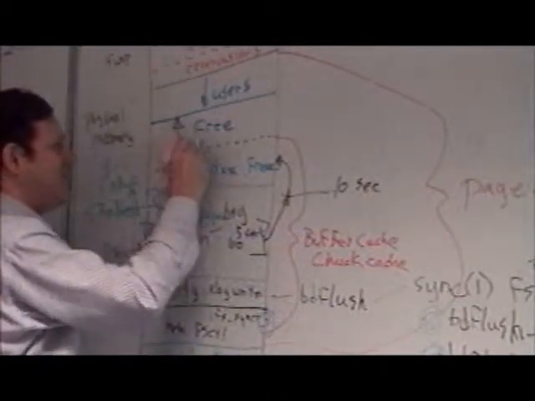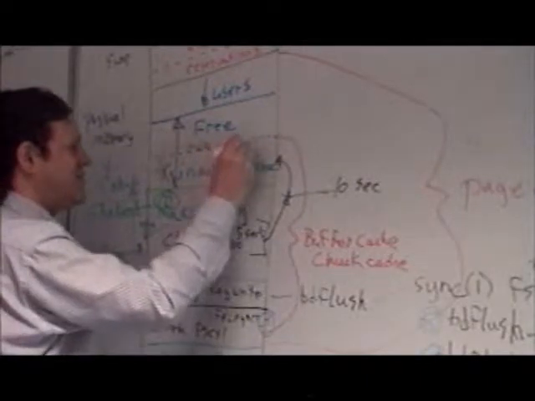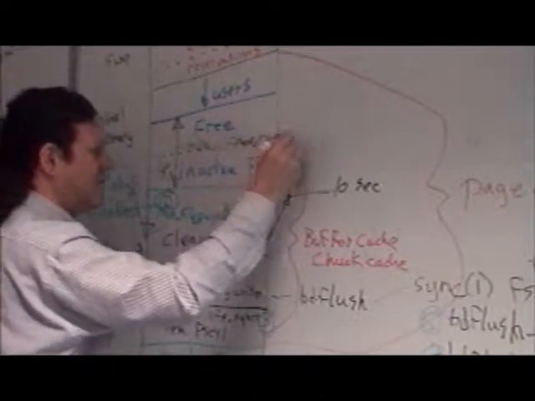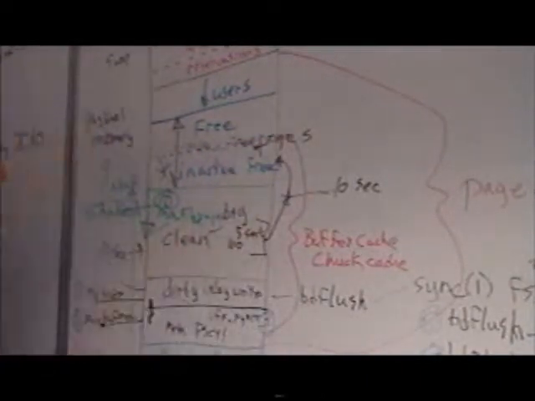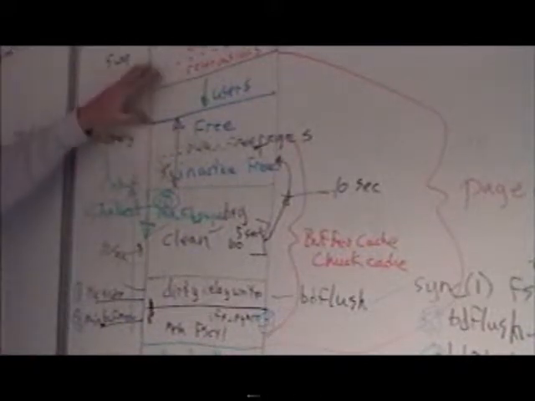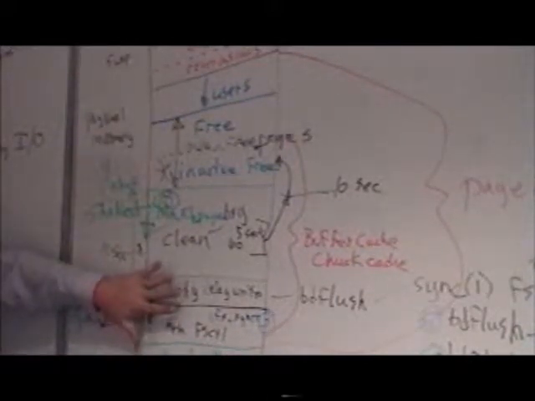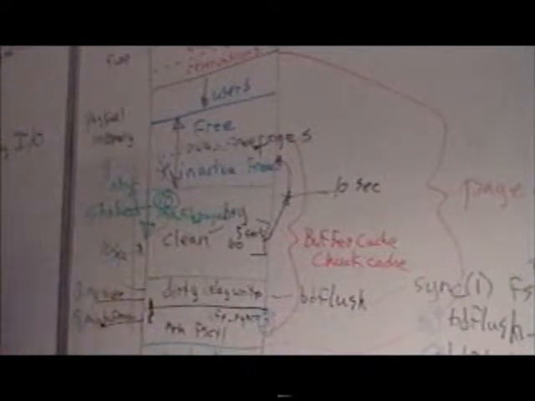So min free pages is saying how much memory do I keep between my users and my cache. Now some sites have upped min free pages, and that can cause swapping.